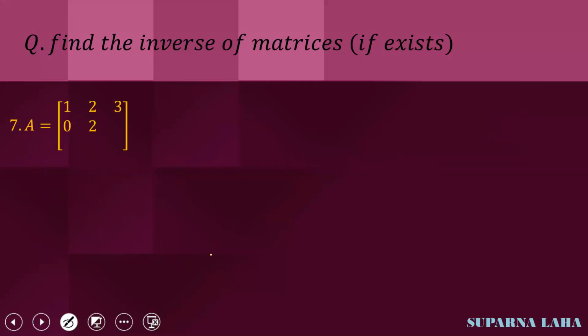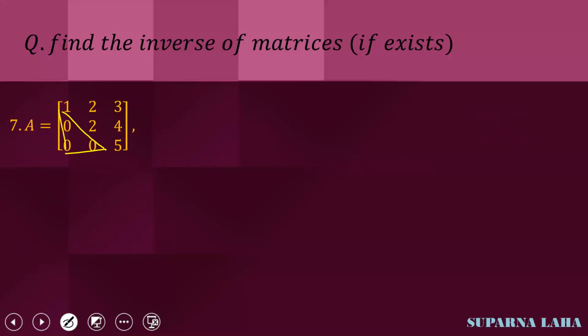Question number 7. A 3 by 3 matrix is given. You need to find its inverse. Now look here. This is a lower triangular matrix, since after the diagonal, in the lower portion, all the elements are 0. So you know how to find the determinant value of this type of matrix.